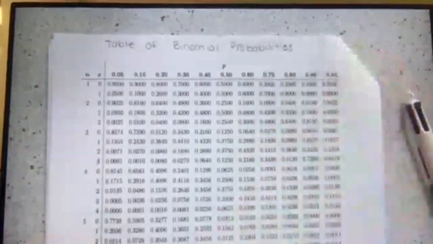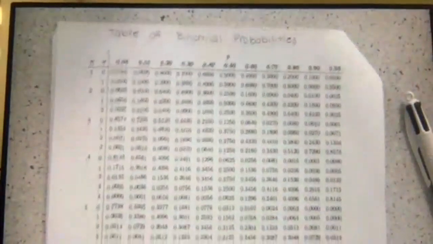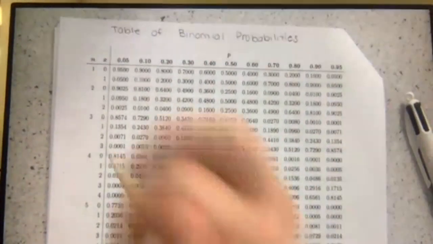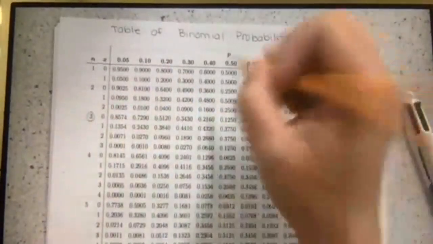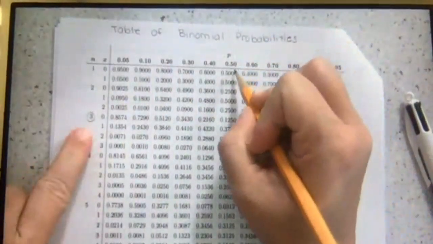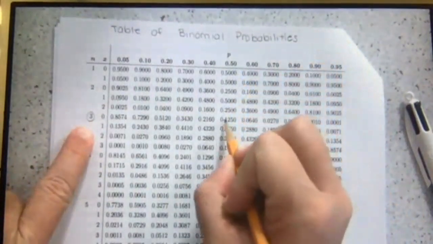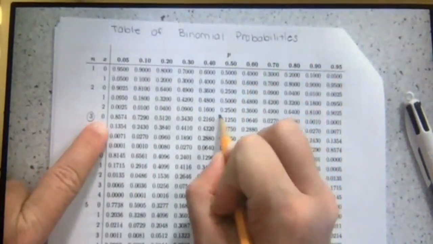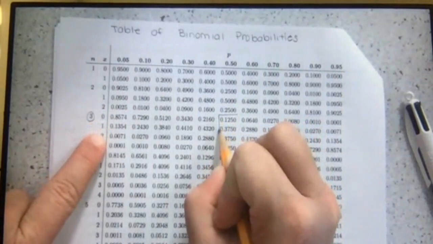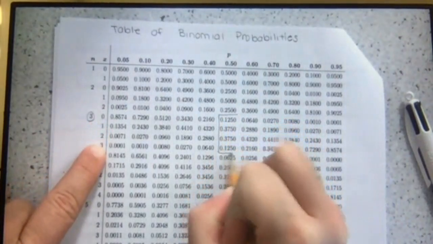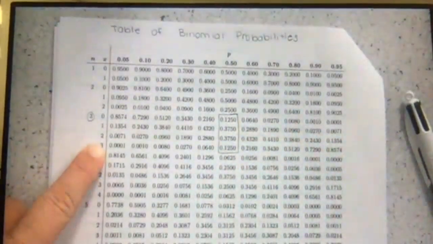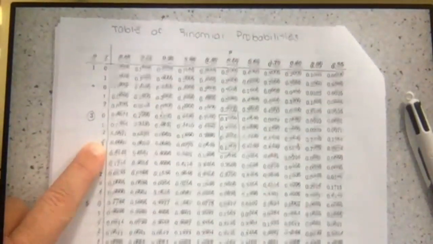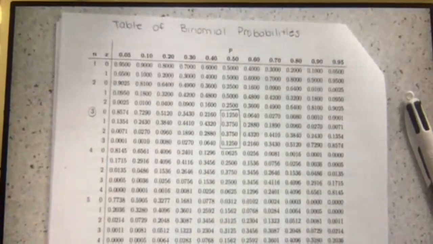So it pretty much just does all the work for you. For this one, we know we have 3 trials, and we know that our probability is 0.5. So 3 and 0.5, this will tell us when x is 0, here's our probability. When x is 1, here's our probability. When x is 2, and when x is 3. Notice it's the same thing that we got on our table. It just does it all for you. So instead of entering it all in, you could just do it this way.